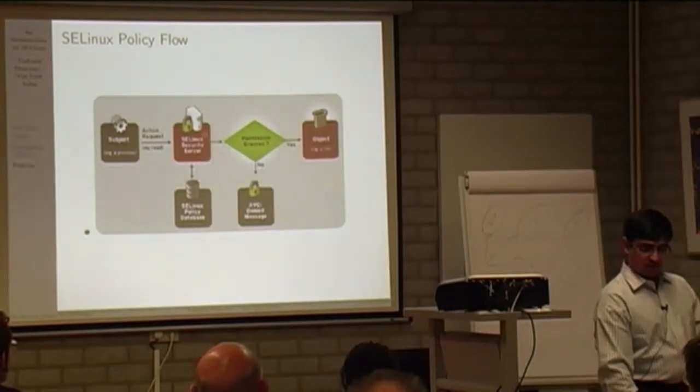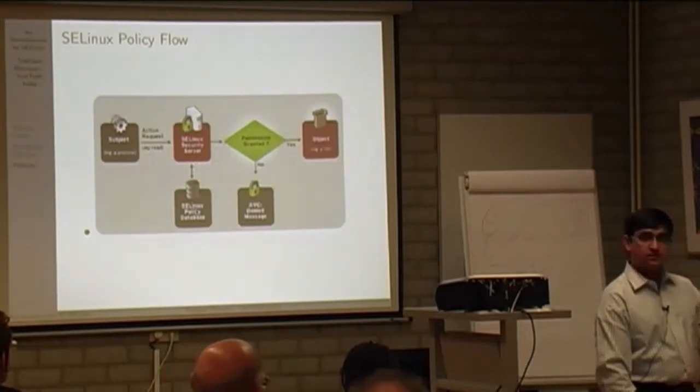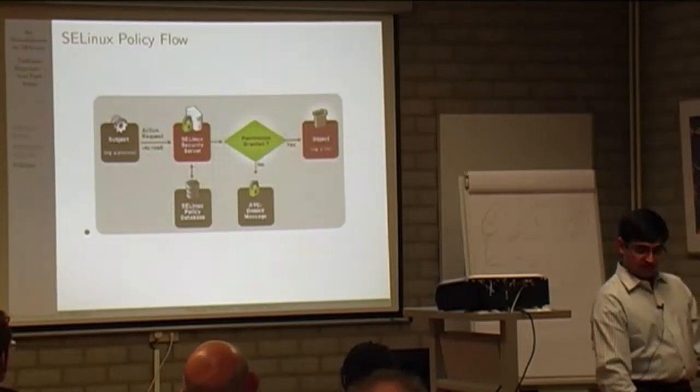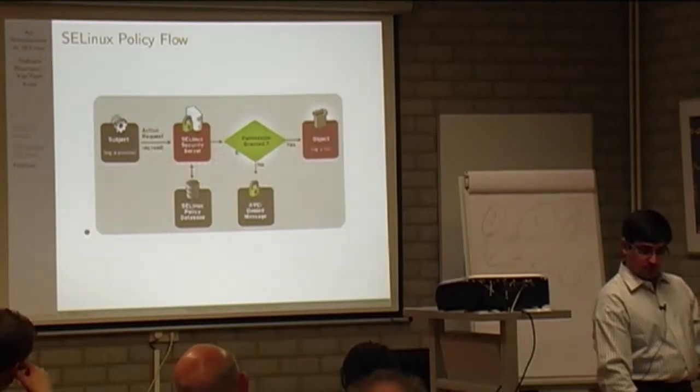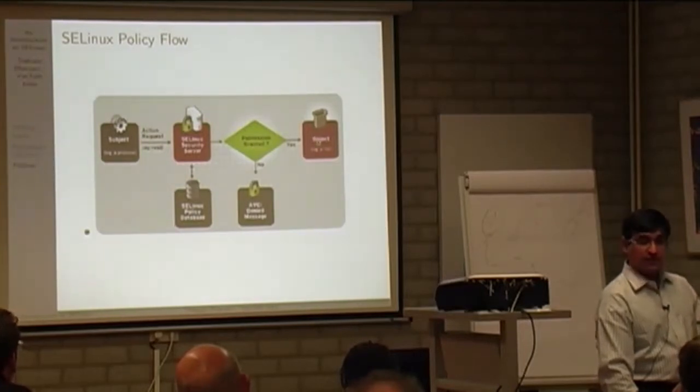The SELinux module in the kernel will look at the database, see if it has the right to grant permission or not. If it grants permission, it can read the file.